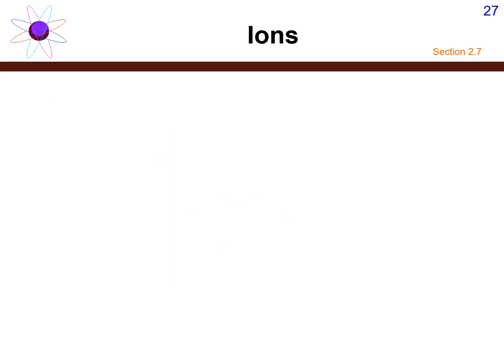Okay, so isotopes are atoms of the same element that vary in neutrons. Ions are going to be atoms of the same element that vary in electrons. And they're going to have a charge.